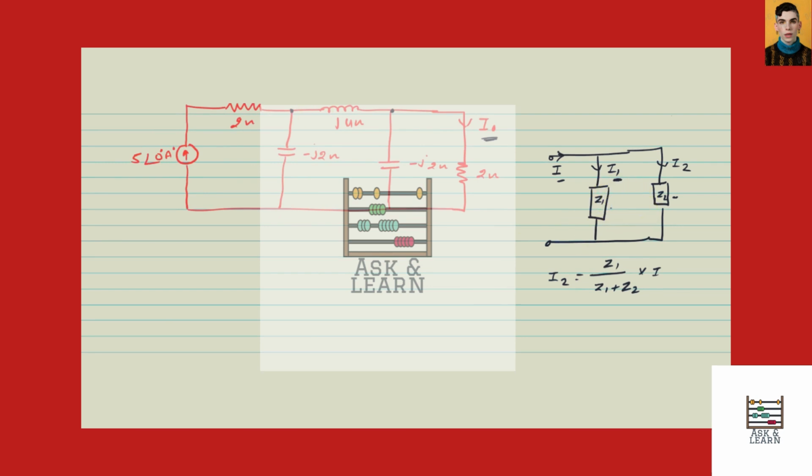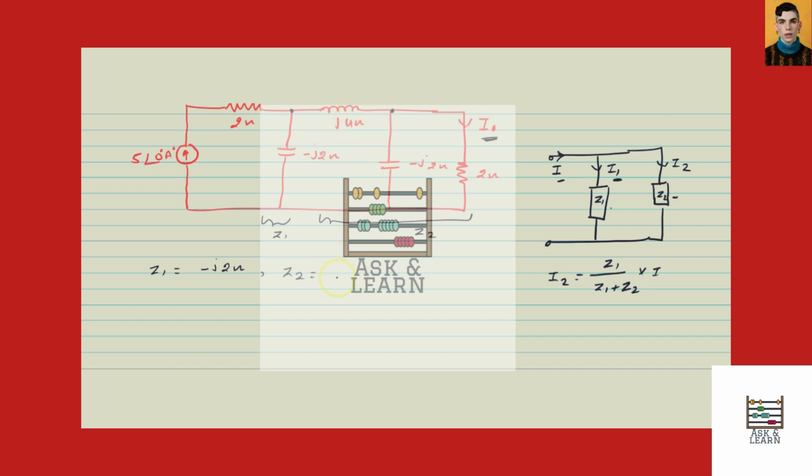Here assume this is the impedance Z1 and this is the impedance Z2. So what is Z1? Z1 is minus j2 ohm. And what is Z2? Z2 is this resistor and this capacitor connected in parallel, and the parallel combination of these two elements is connected in series with this inductor.